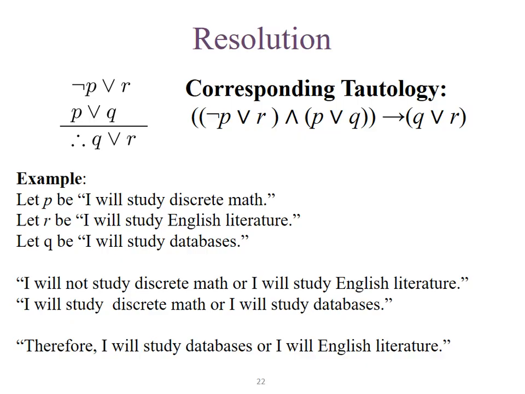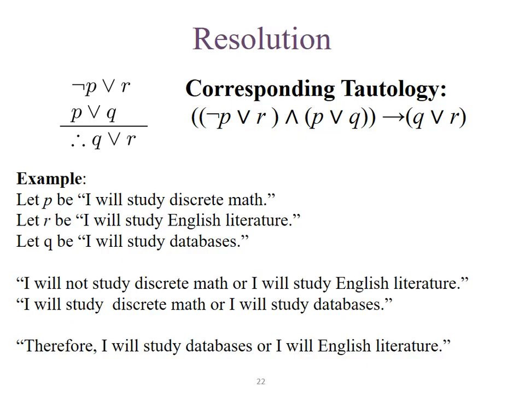If P is true, then not P is false. So now not P is false, then R must be true, right? So if R is true, then the truth value of Q doesn't matter. Q or R is true.